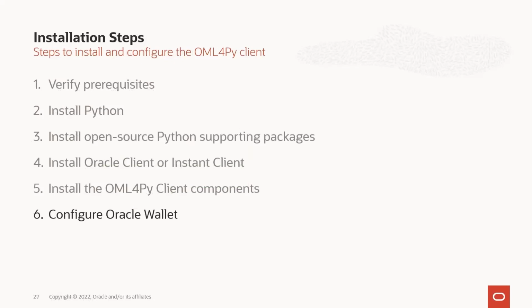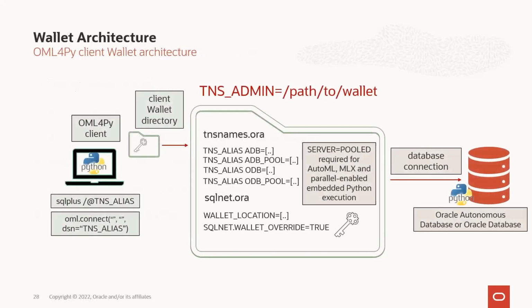The next thing you'll want to do is configure your wallet. The wallet resides on a client system, and it contains tnsnames.ora, which has the network configuration files that store the connection descriptors. These are referred to as the TNS connection alias entries. And then we have sqlnet.ora, which has the SQL*Net client-side configuration.